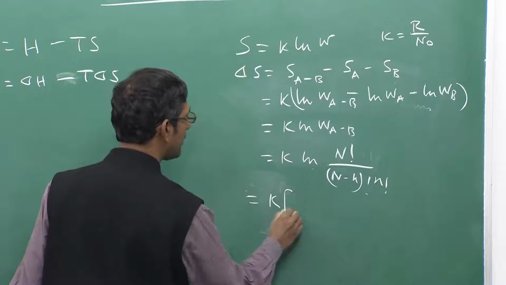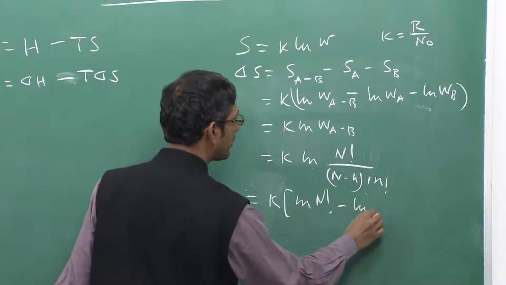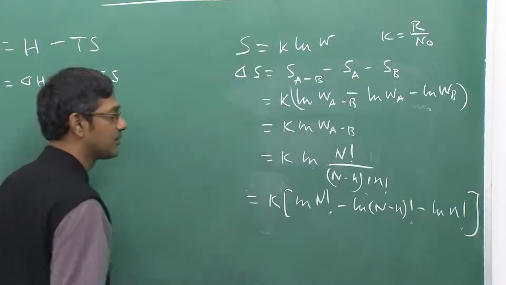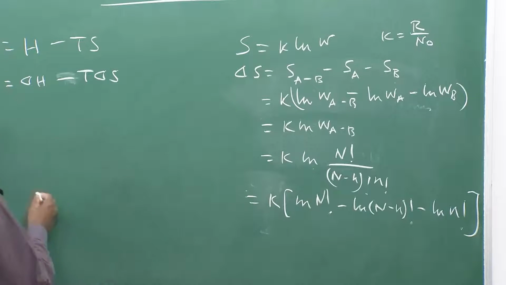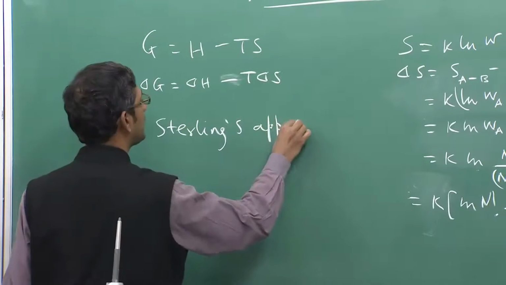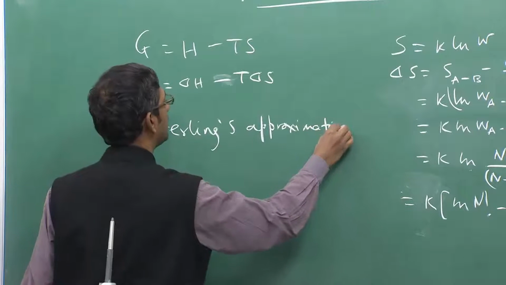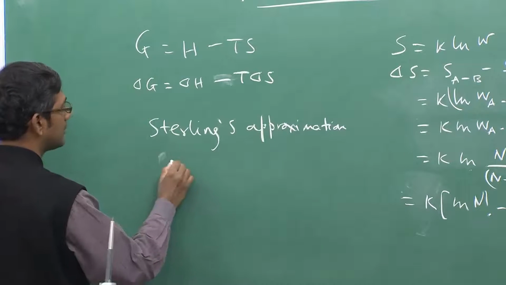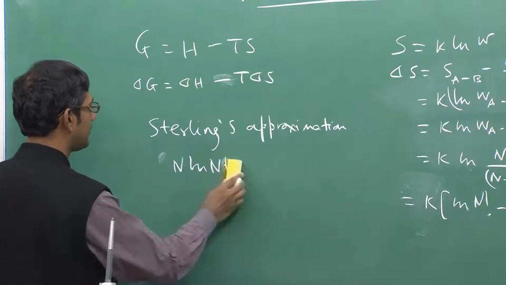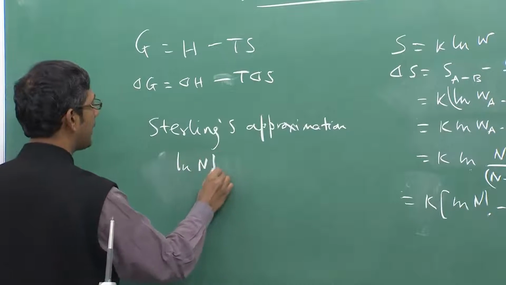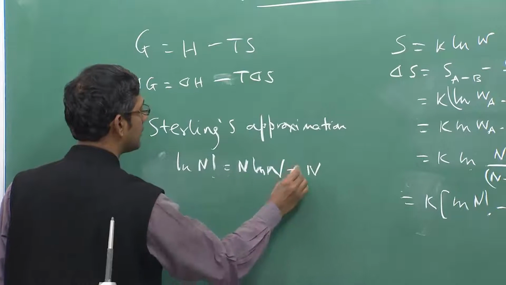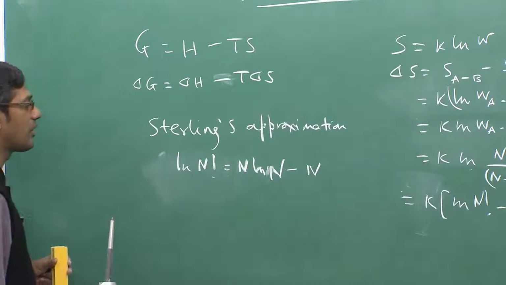This can be written as log of N factorial minus log of n factorial minus log of (N minus n) factorial. And Stirling's approximation is that log of n factorial is equal to n log n minus n.